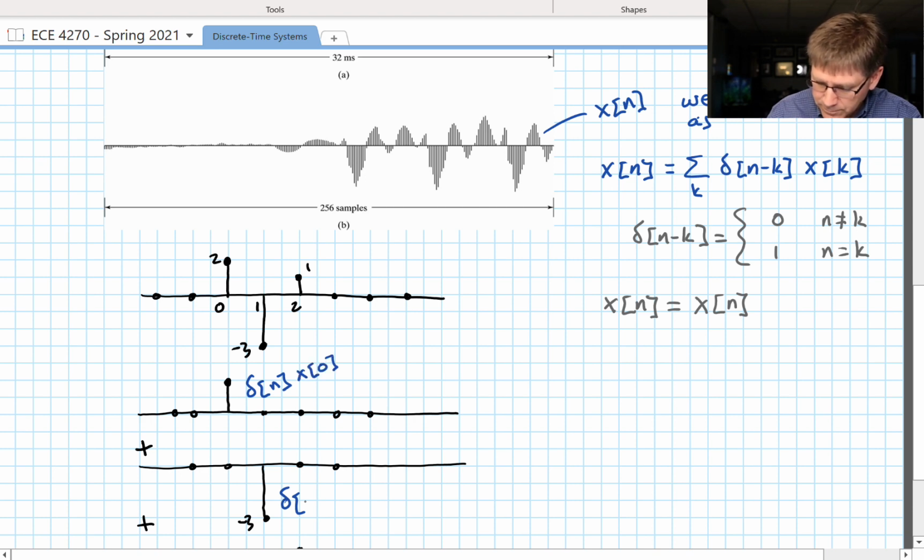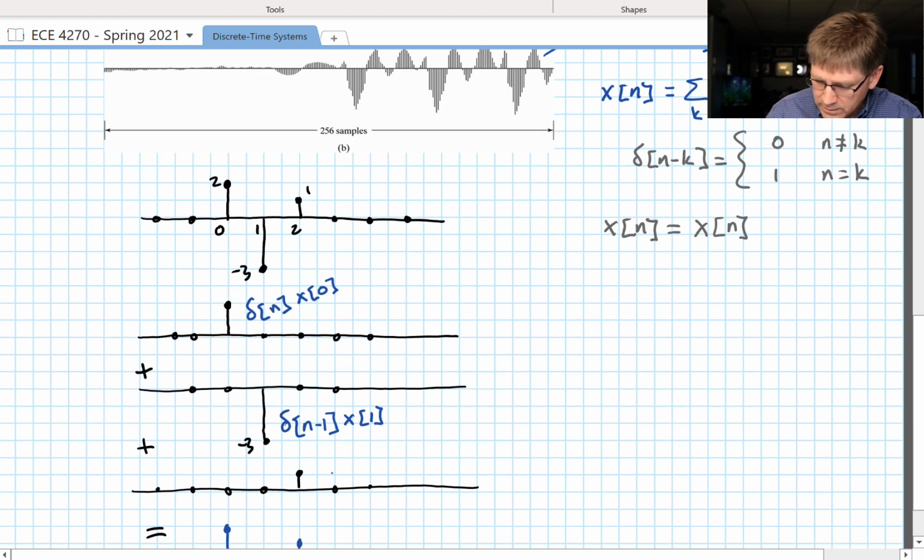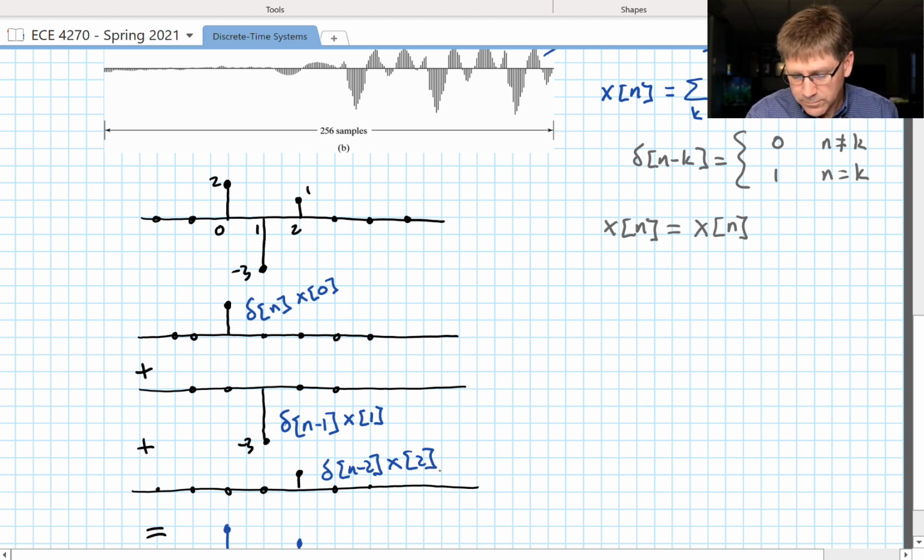This is delta n minus 1 times x of 1. And the last one would be delta n minus 2 times x of 2. And x0 is 2, x1 is minus 3, and x2 is 1.